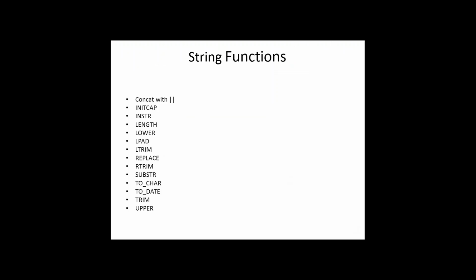Similarly, I want to display the name, but I don't have a name column in my table. So what I do is I combine last name and first name, and use the concatenation operator, these two pipes. If I want to concatenate, I'll use the concatenate operator, and we'll concatenate those things.